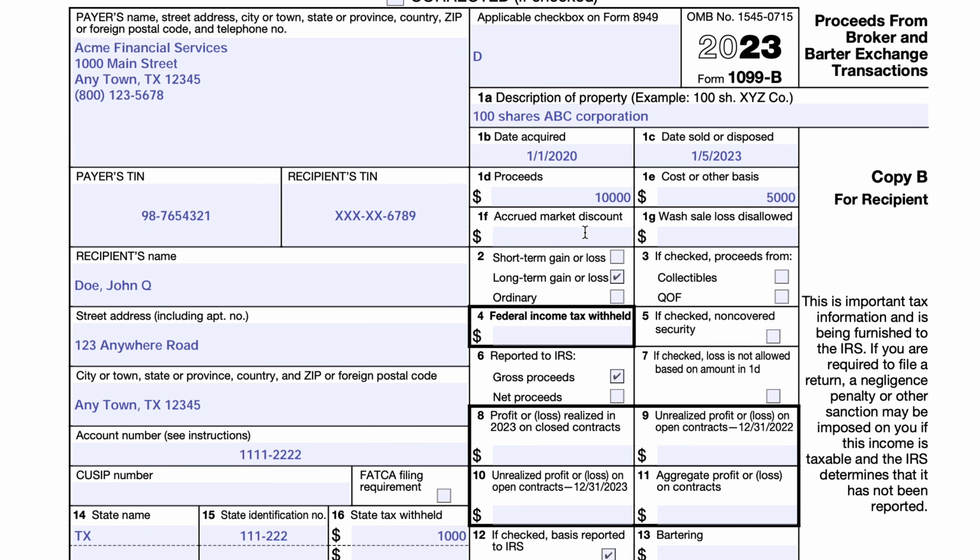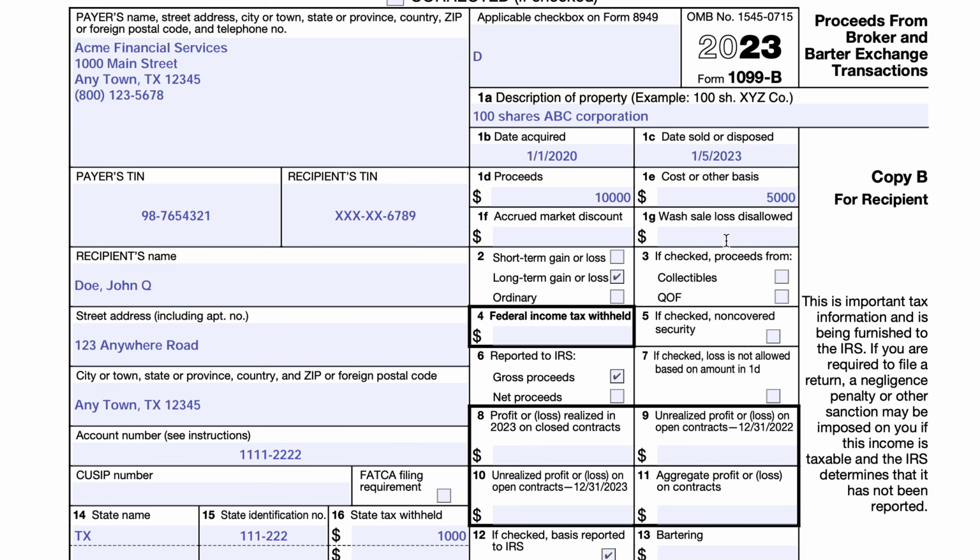Whereas the original issue discount is purposely marked lower than the face value at the maturity date from the issue date. So two different aspects. Original issue discount income is marked on IRS Form 1099-OID. Accrued market discount will be reported here.